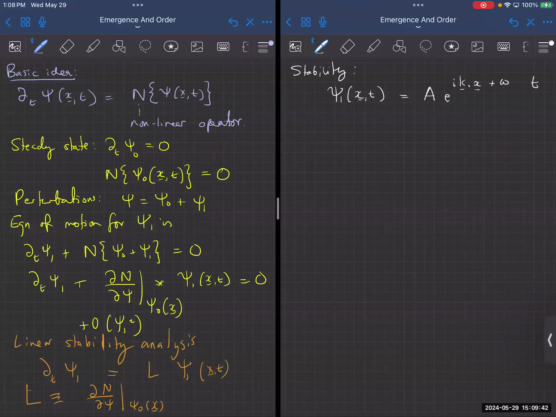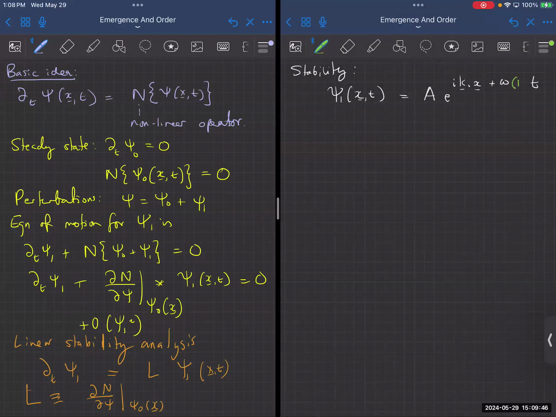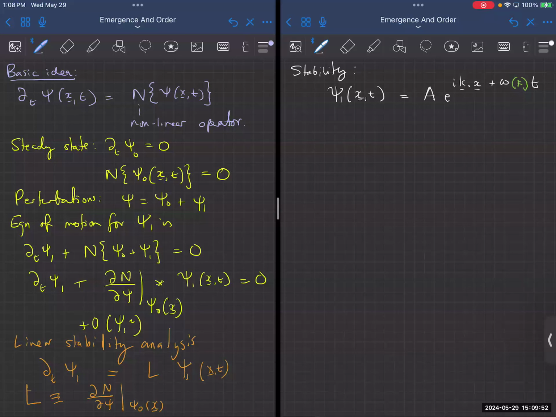And in general, omega will be a function of k. So it'll have a dispersion relation, which it'll be our prerogative to try and identify. So we plug that in, and what we get is that omega of k psi 1 is equal to L psi 1.